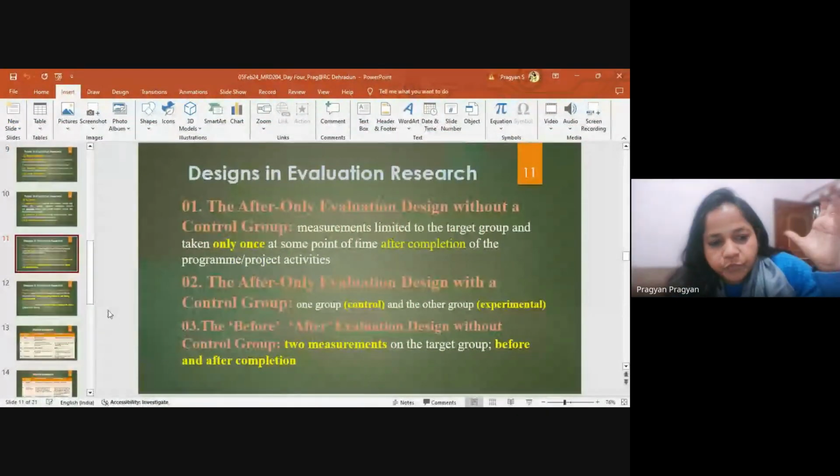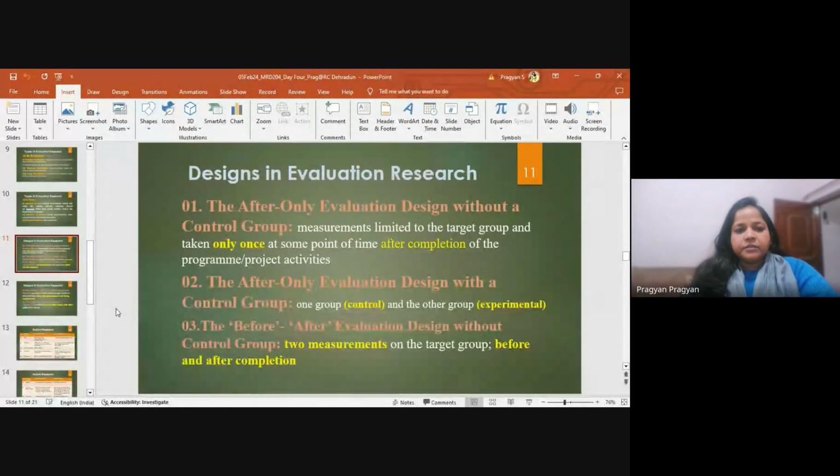To memorize and understand these designs, the trick is to focus on the frequency and the time of the evaluation. Then the second type is the after only evaluation design with the control group.